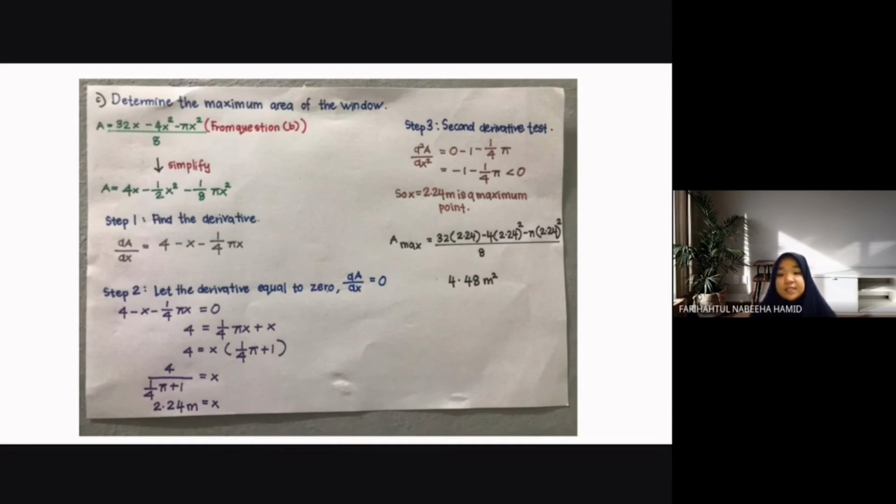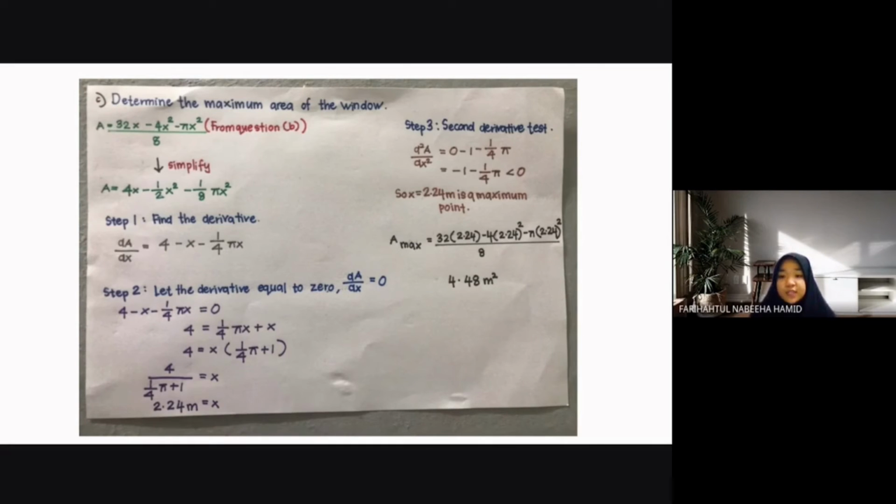To find the maximum value of x, we need to set dA over dx equals to 0. Then, we got the maximum value of x, which is x equal to 2.24 meter. And the third step, to determine the maximum value of x, we have to differentiate once again.